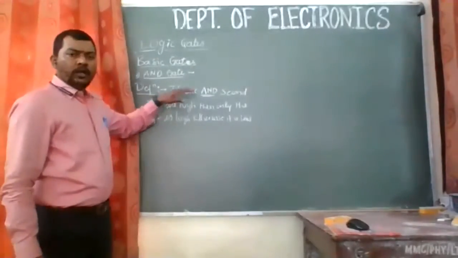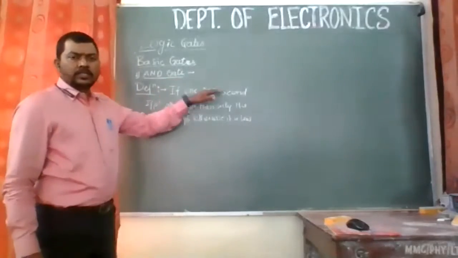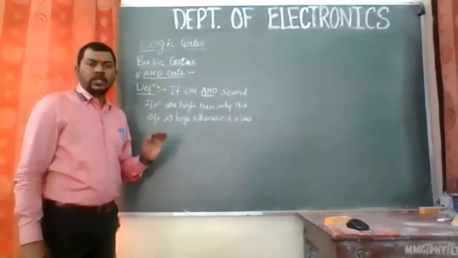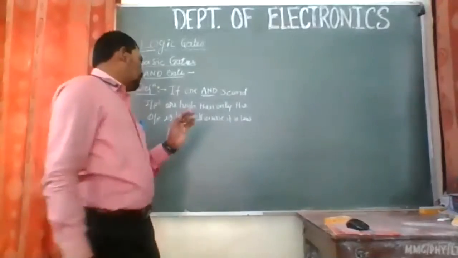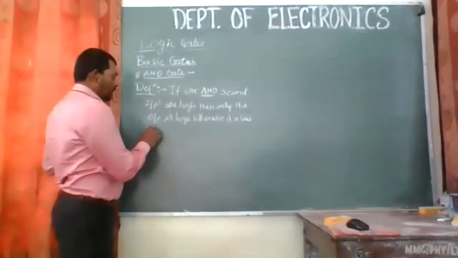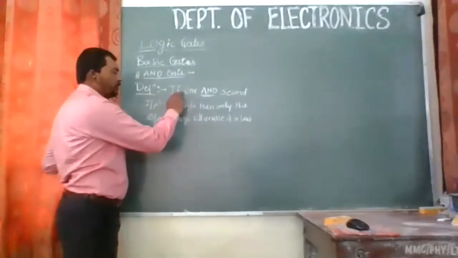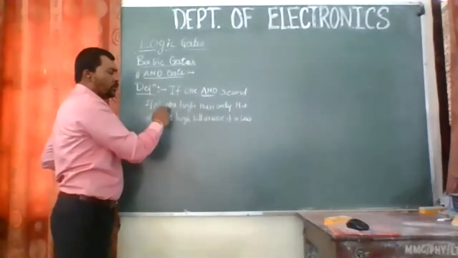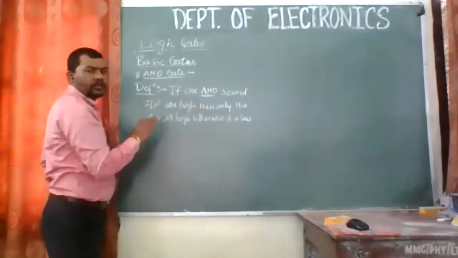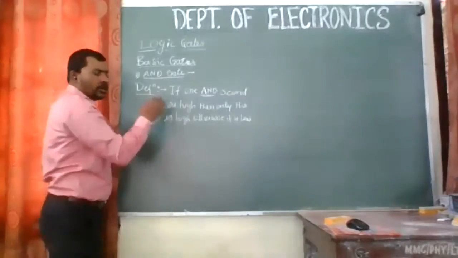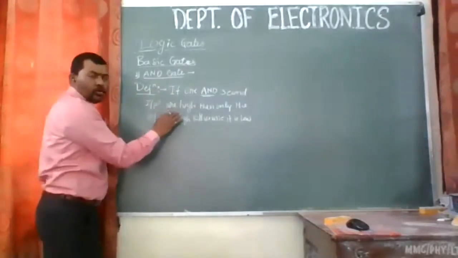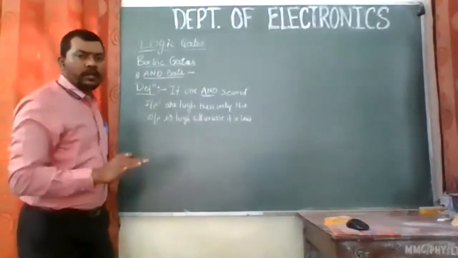If the first and the second inputs are high, then only the output is high, otherwise it is low. The converse statement can be written as: if the first or second or both inputs are low, then the output is low, otherwise it is high.